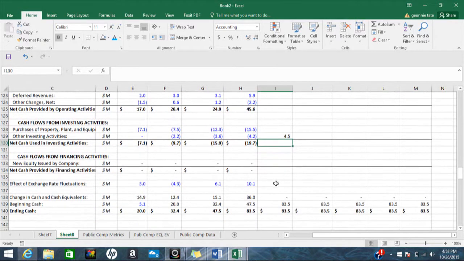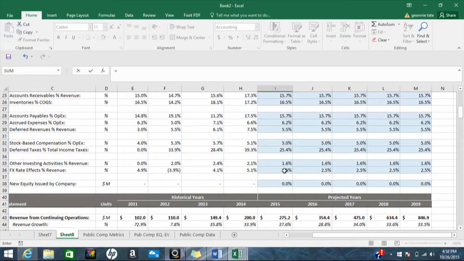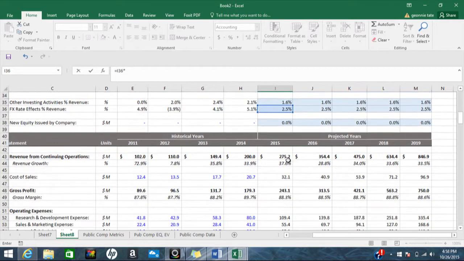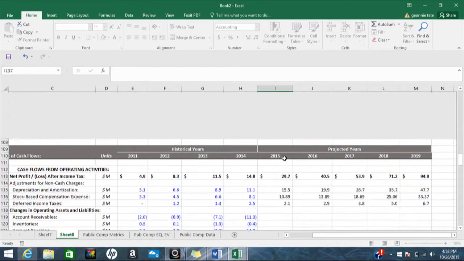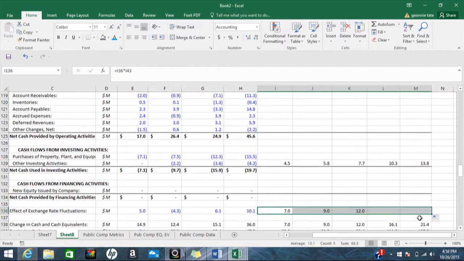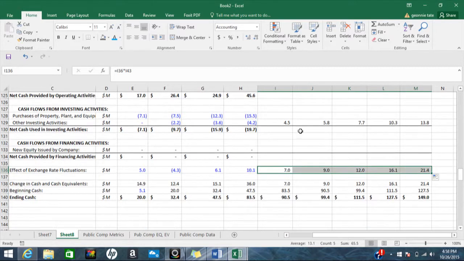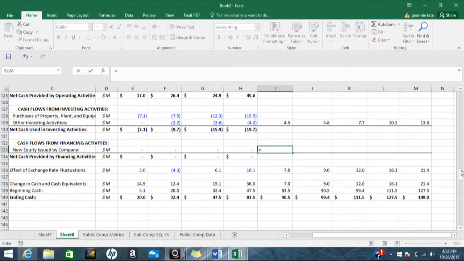I have the exchange rate fluctuations. That's a percentage of revenue also. I'm going to carry both of these numbers across for the projected years. I have one more metric up there, which is the equity issue. Remember, it stayed flat, but still I'm going to link to it.